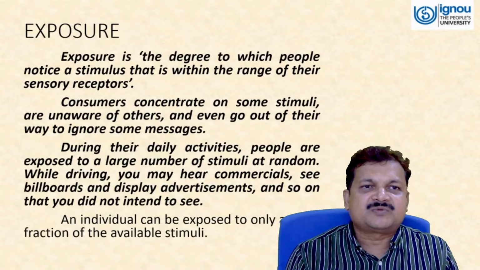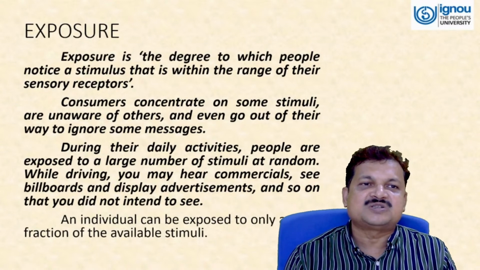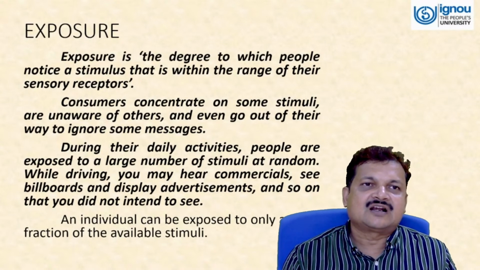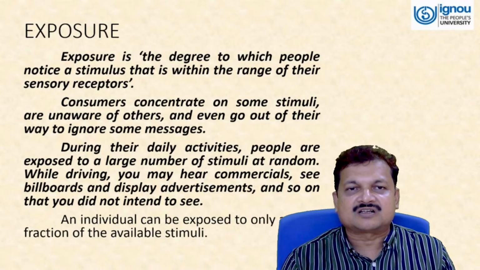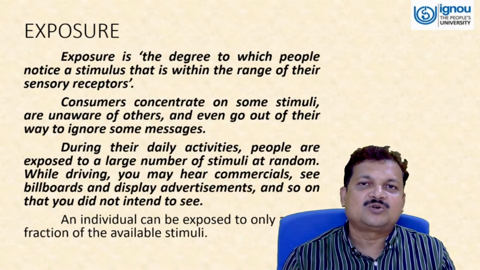Now we are going into details about the exposure. When you talk about exposure, how is it happening? Exposure is the degree to which people notice a stimulus that is within the range of their sensory receptors. So there are a lot of exposures in the market or in the environment, and how many of them we are able to see and recognize is more important.